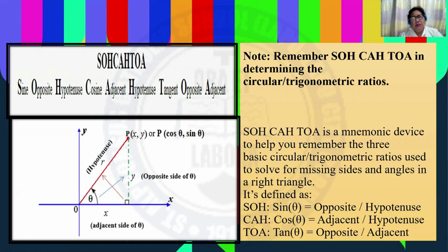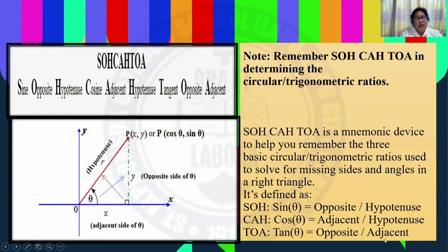It is a mnemonic device to help you remember the 3 basic trigonometric ratios to solve for the missing sides and angles in a right triangle. Sine equals opposite over hypotenuse, cosine equals adjacent over hypotenuse, and tangent is equal to opposite over adjacent.